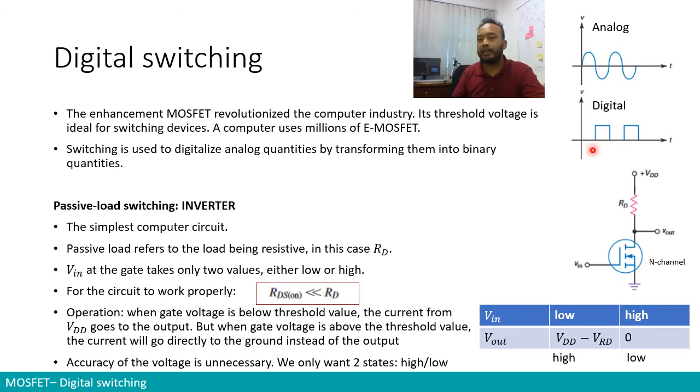A binary number in digital is just two different values, either low or high, right?